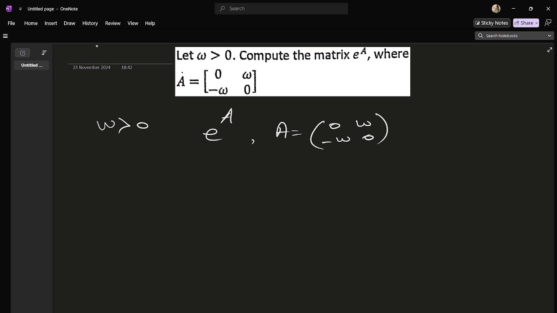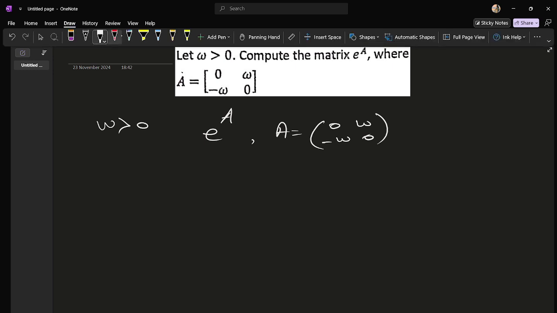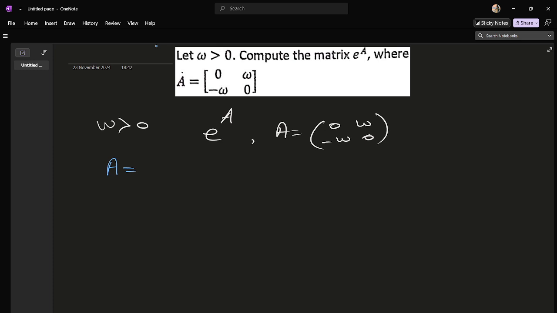So what can be done with this? Firstly, we have to compute the eigenvalues. We can write A equals omega times B. So what will be the eigenvalues of B?